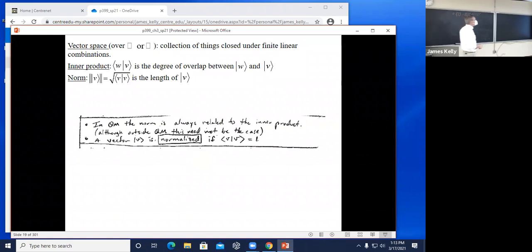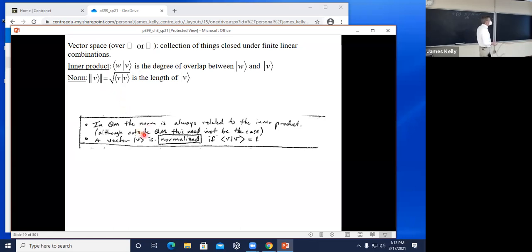So in quantum mechanics, there are other norms you can define if you're in a graduate school math class on analysis, where you'll define all sorts of different norms. But in quantum mechanics, we're always going to relate the norm of a vector, meaning the length of the vector, to the inner product. If you have an inner product defined, you just take the square root of the inner product of a vector with itself, and that's the norm of the vector.